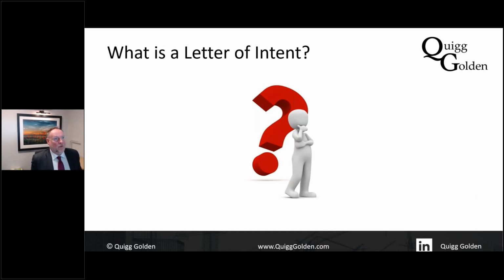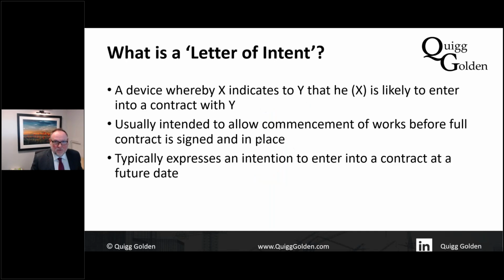So where on earth does a letter of intent fit into this offer and acceptance model that I've said exists? Well, the truth of the matter is it's hard to fit it into that model, and sometimes it doesn't fit very cleanly into it, and you'll see what a couple of judges have said.